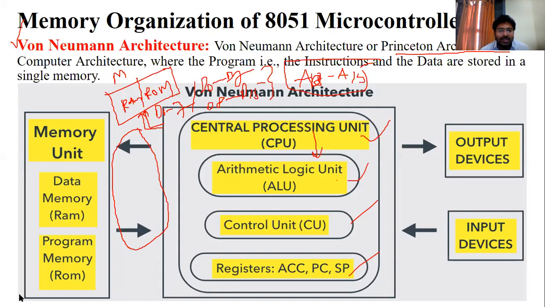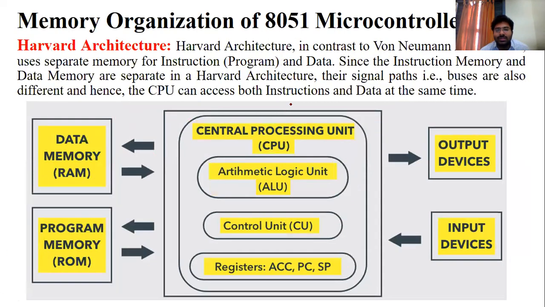But the Harvard architecture is somewhat different. You can consider the data memory as well as the program memory separately. See this, the data memory and program memory are separate. The remaining parts are common. This is the only difference.